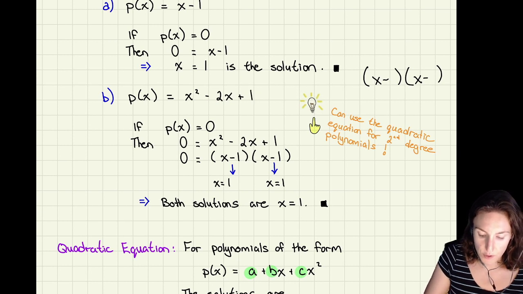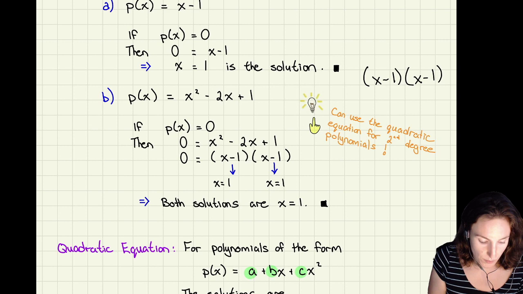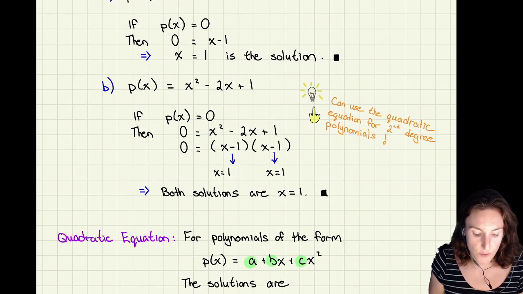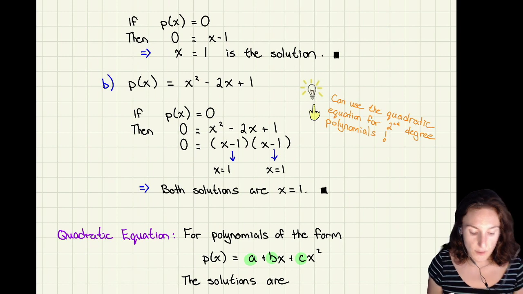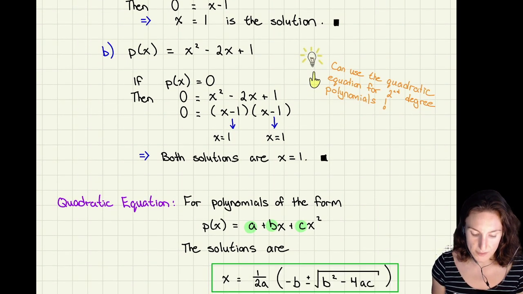So the factors of 1 are 1 and 1, and if I add negative 1 and negative 1 together, I get negative 2. So if you're comfortable with factoring, that's fine, but for parabolas or quadratic equations, you can always use the quadratic formula, which we'll review in one sec.